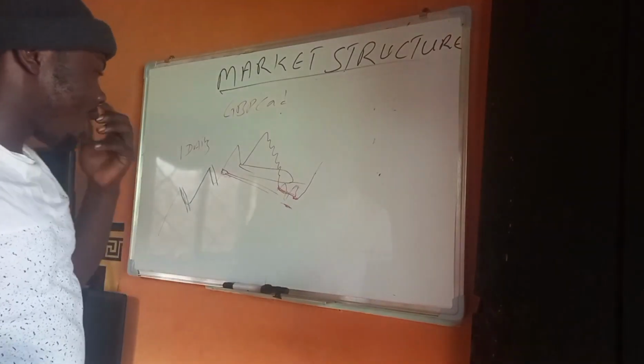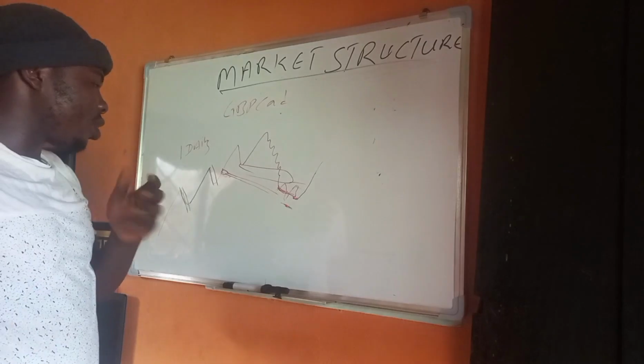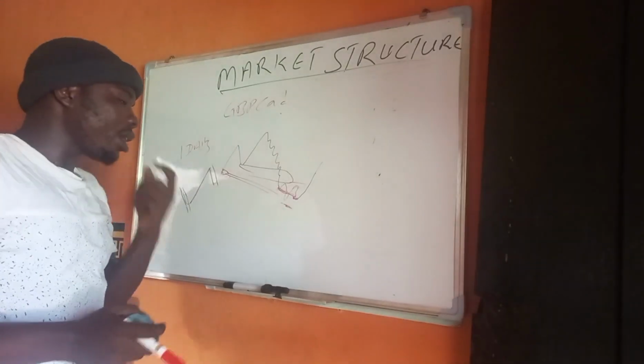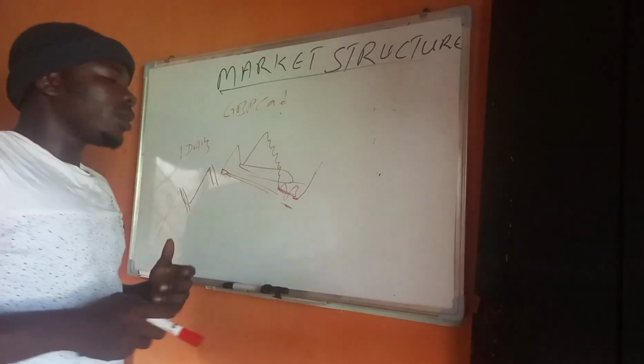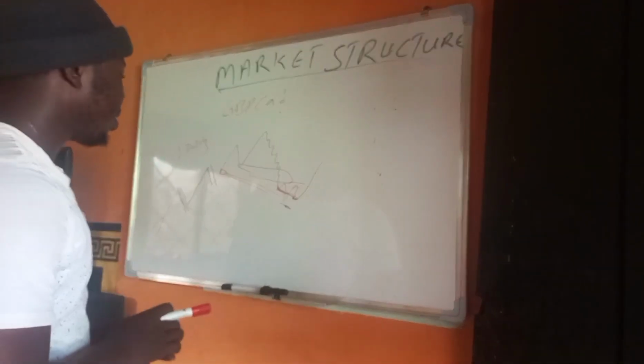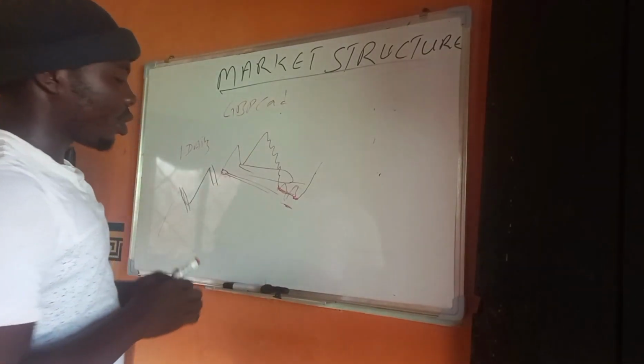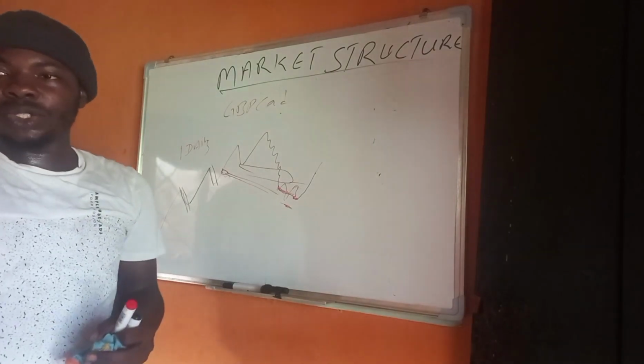Now since you have asked this question, I know your next question, viewers who are watching. Your next question will be: when is the trend valid that this market has broken structure? To know when the market has broken structure, you need to break two valid structures.